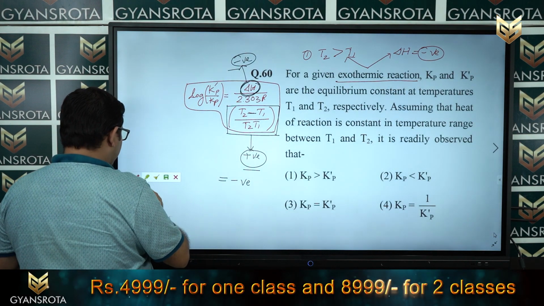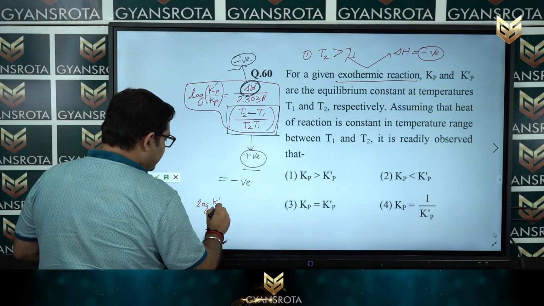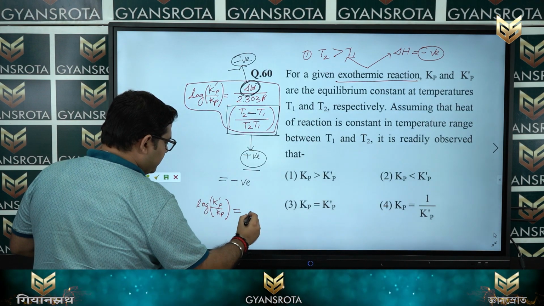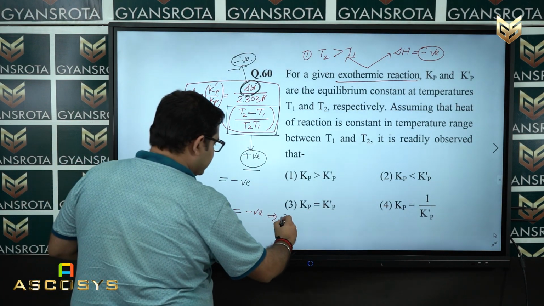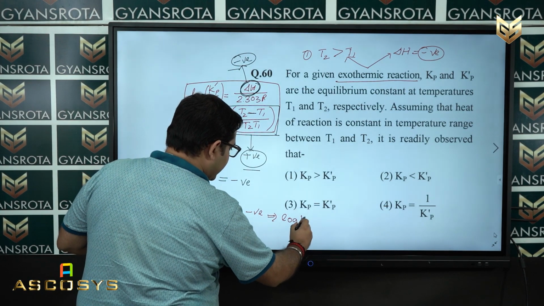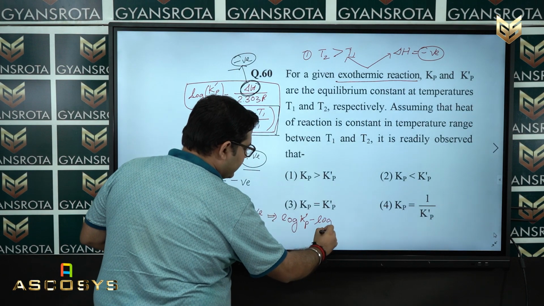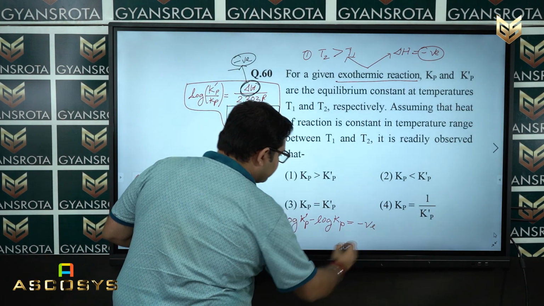It means we can write log of K dash P by Kp is equal to negative, or log of K dash P minus log of Kp is equal to negative.